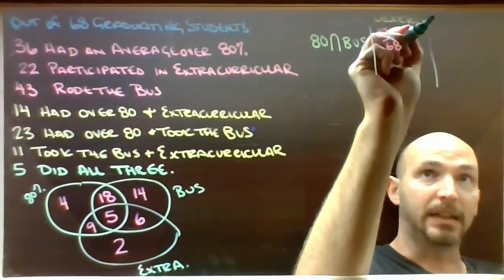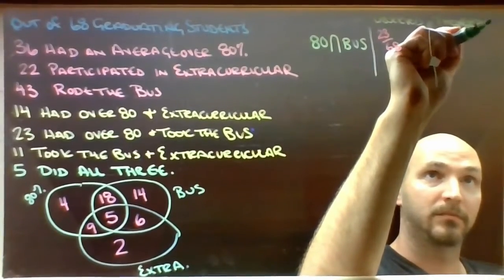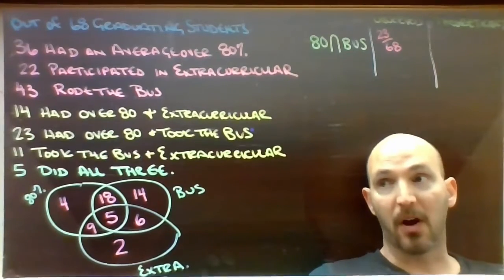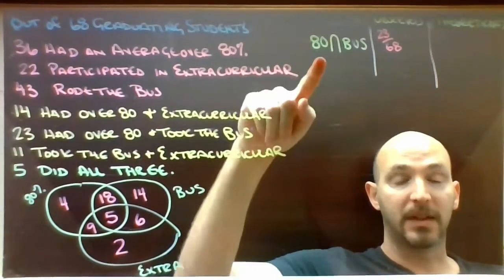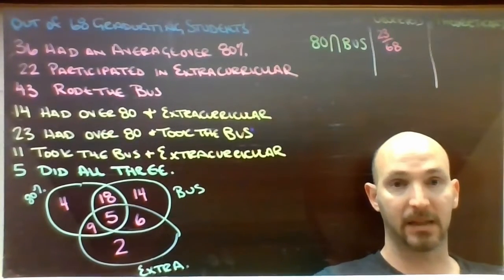Now, theoretically, I should be able to arrive at that same probability by taking the probability of getting an 80 or more and multiplying it by the probability of taking the bus.